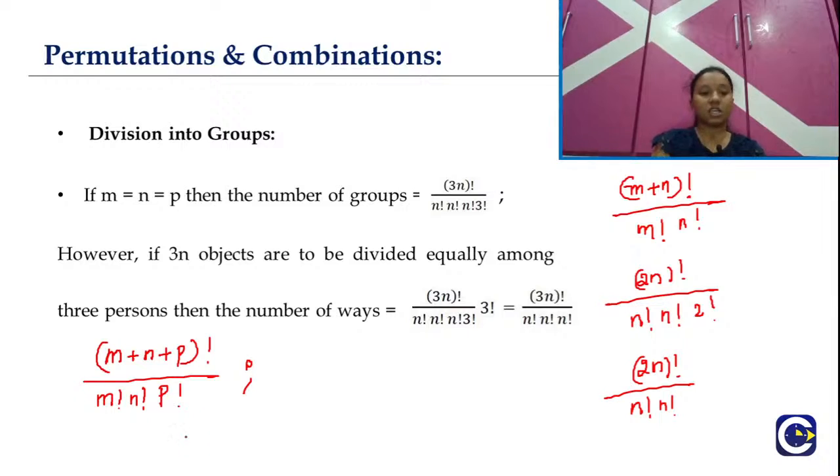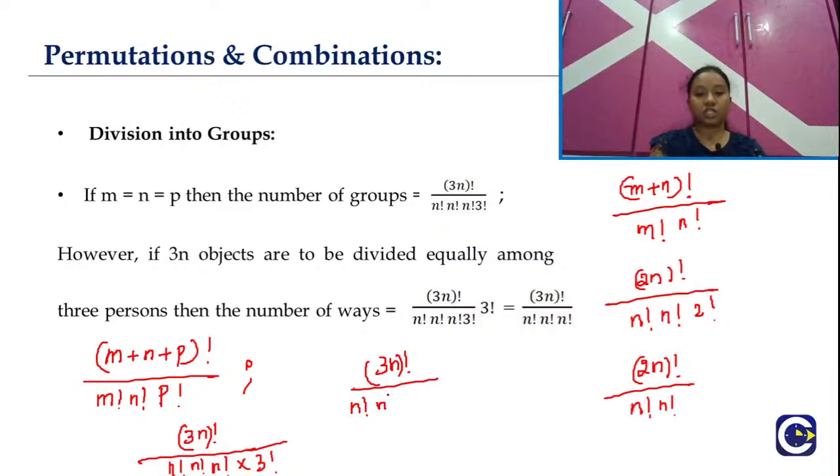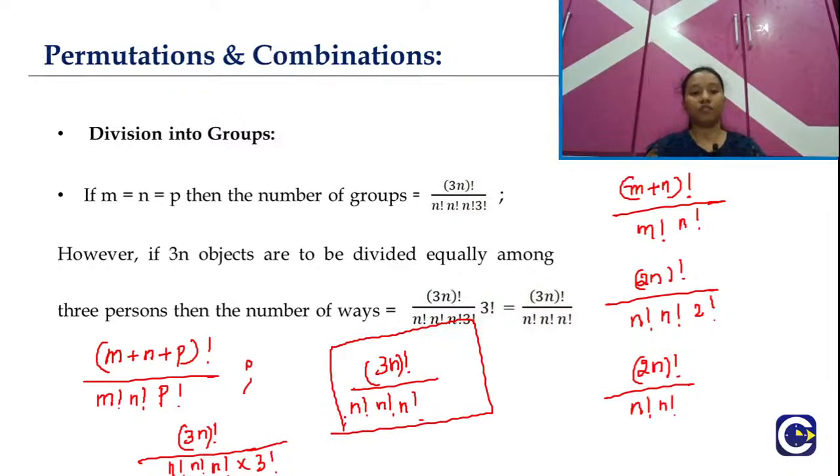Then it will be the next case: 3n factorial divided by n factorial, n factorial and n factorial. As all these 3 are equal, we have to multiply by 3 factorial in the denominator. The next case is we have to equally divide this amongst 3 different persons. That is given by 3n factorial divided by n factorial into n factorial into n factorial, because the 3 factorial in the denominator and the numerator will get cancelled, resulting in our number of ways to divide equally among 3 different persons.